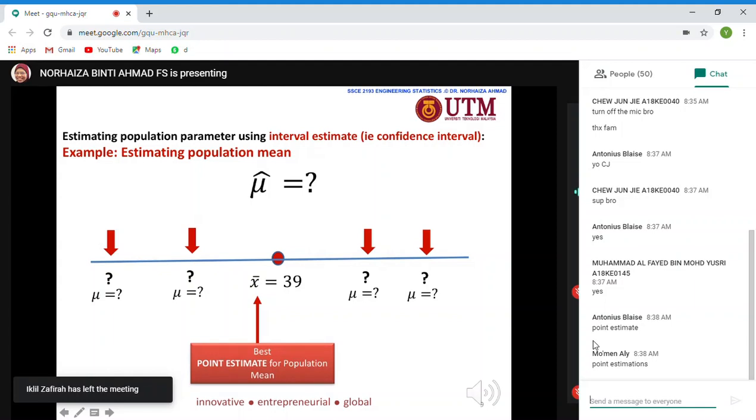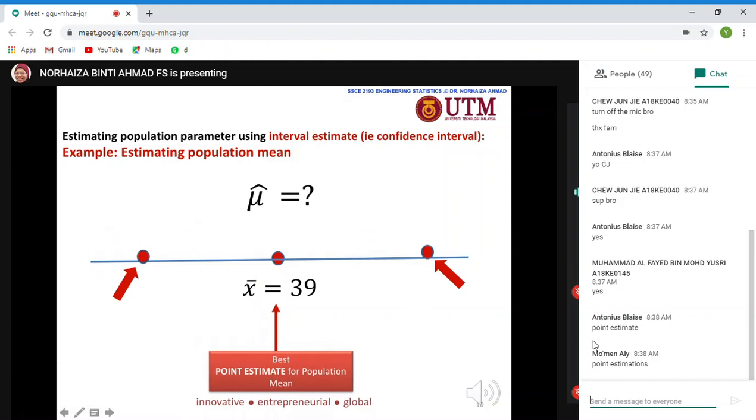But what's special about X bar is that you know it's the best point estimate. So the best bet for the true value of the population mean is X bar. But maybe it's not going to be exactly X bar. It could be any number. So how can you guess what the other numbers could be? Since this is the best point estimate, the other numbers would be around this figure.